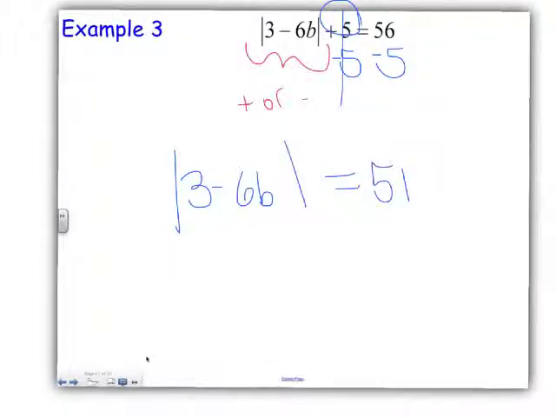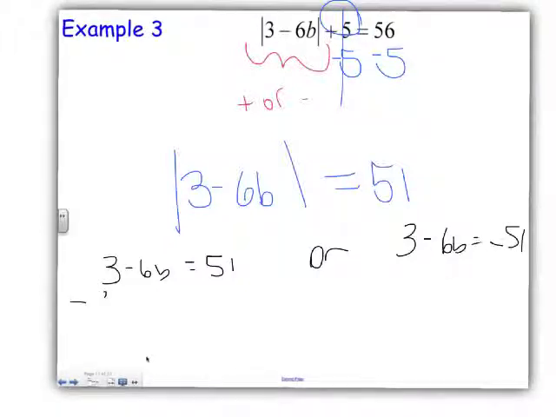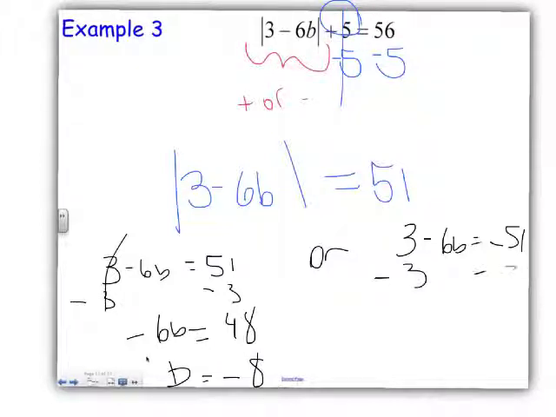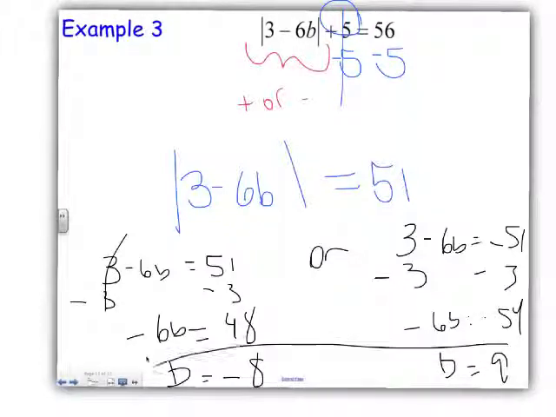In other words, 3 minus 6b could be 51, or 3 minus 6b is equal to negative 51. If it was equal to positive 51, that would mean negative 6b is equal to 48, which would mean that b would be negative 8. And if it was over here, I would have negative 6b equals negative 54, which would just mean that b equals 9. So my two possible solutions are b equals negative 8 and b equals 9.